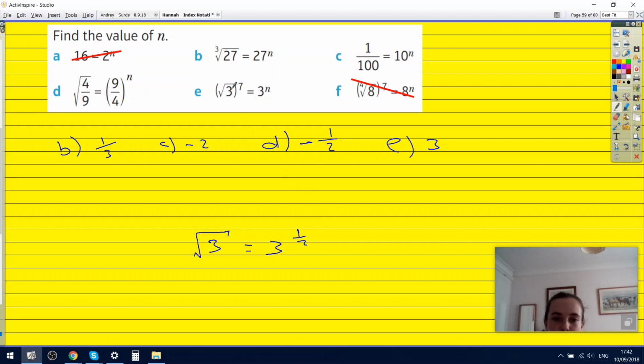And so root 3 to the power 7? 3 to the 7/2? Yes, 3 to the 7/2, because you multiply them. Well done. Any questions there? No. Okay.